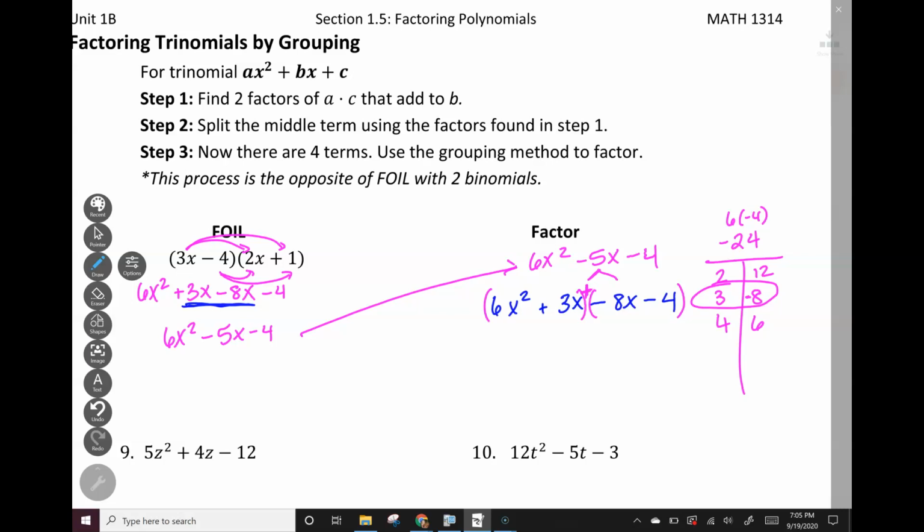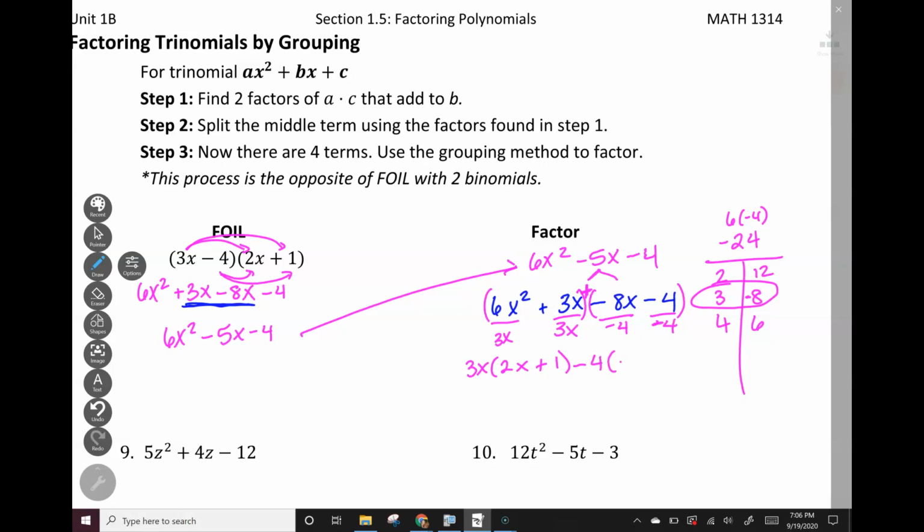Okay, now we factor out the GCF of each group, so that's going to be my 3x. 3x goes on the outside, leaving me with 2x plus 1. On the second one, -4. If you have a leading negative right there, like on the -8, you want to include that as part of your GCF always.